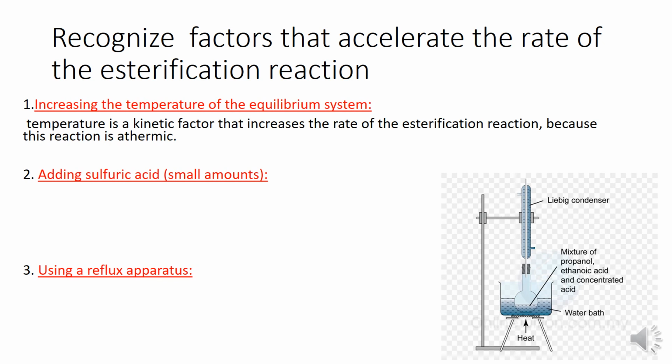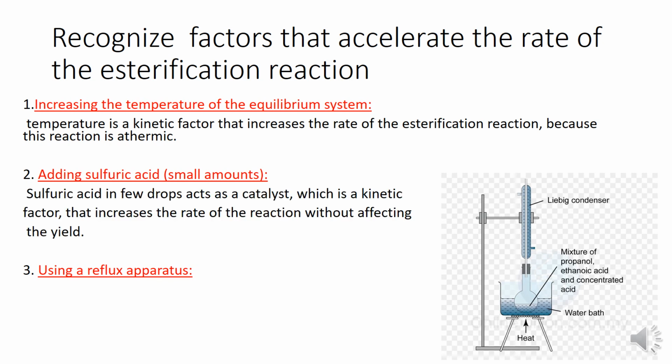Now, the second factor is adding sulfuric acid in a few drops. It acts as a catalyst, which is a kinetic factor that increases the rate of the reaction without affecting the yield. The third factor is using a reflux apparatus.